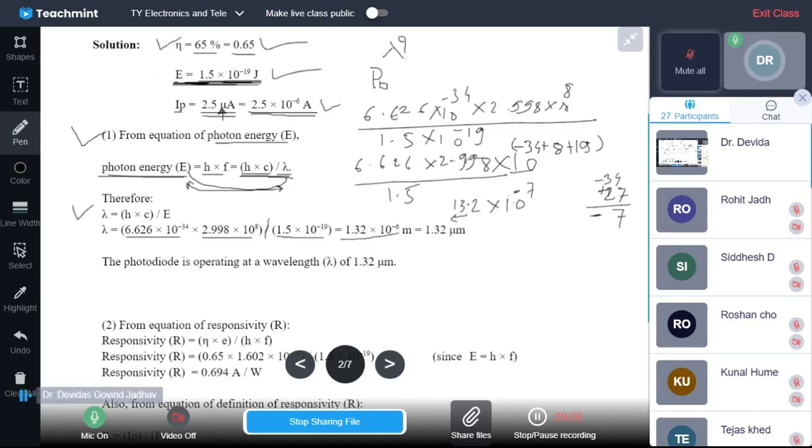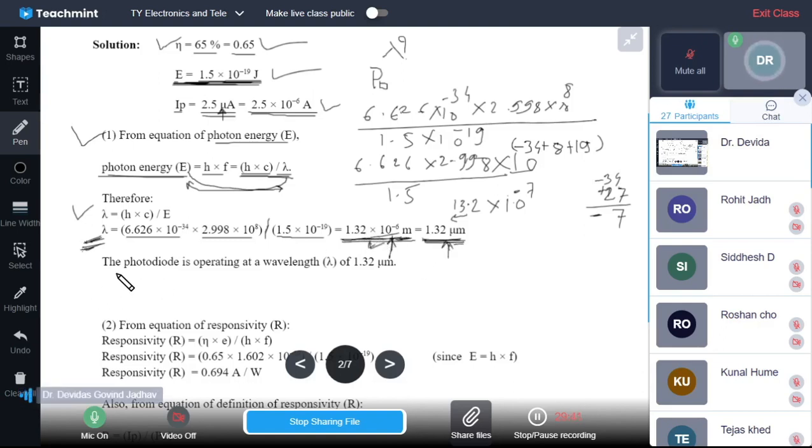So 1.32 into 10 raised to minus 6 meter is the answer. What is that? This is the wavelength, lambda, of the photon. 10 raised to minus 6 you can replace by micro, so 1.32 micrometer.